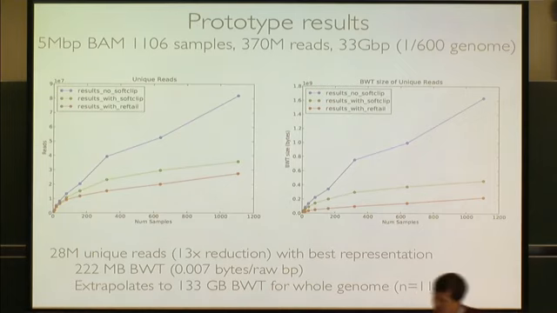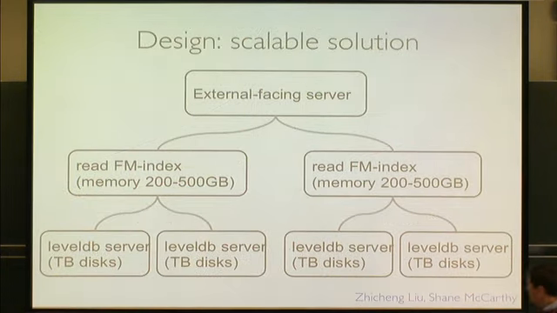So that was a pilot done last year. Xicheng Liu and Shane McCarthy are now building a version to actually hold the entire data set. We think we can build the primary BWT inside a 256 gig memory space, and this would actually allow multiple ones of them.